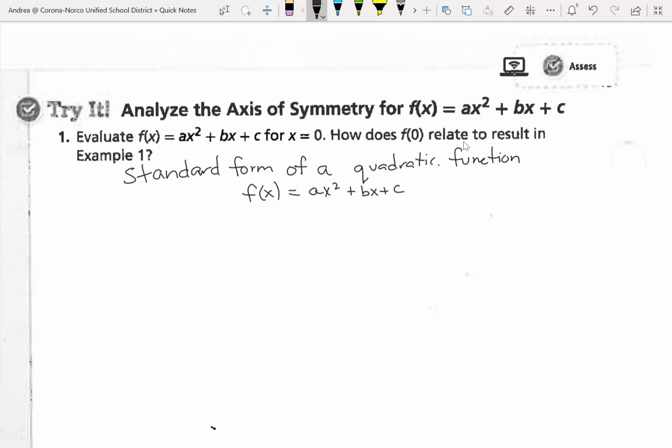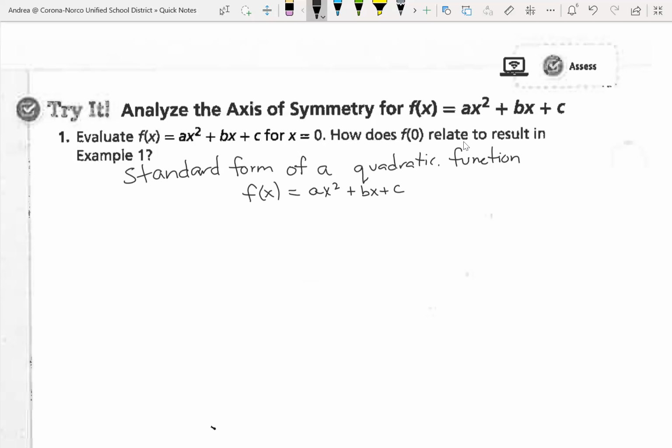This is the same a value that you would see in vertex form. So it talks about negative. If it was negative, then my parabola would face down. It would reflect across the x-axis. If a was greater than 1, it would be a vertical stretch. If a was a decimal or a fraction in between 0 and 1, then it would be a shrink.